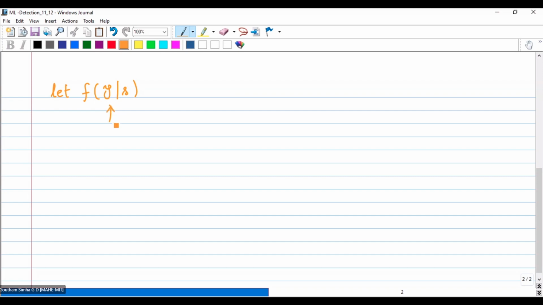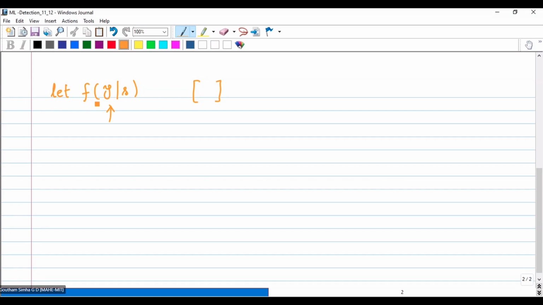Now, as I told you, this is an nt cross 1 received vector. To understand what this s is: you have received this signal vector y, and for a received signal vector y, you are identifying what your radiated signal is.